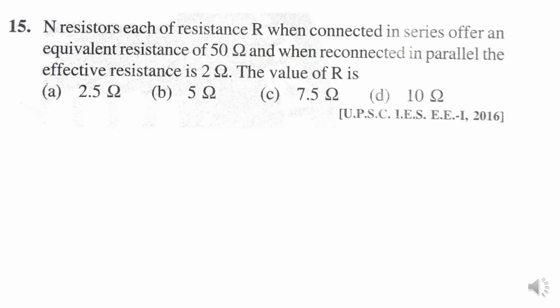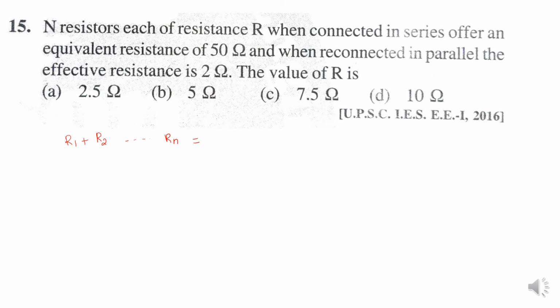Next problem: N resistors, each of resistance R, when connected in series offer an equivalent resistance of 50 ohm, and when reconnected in parallel, the effective resistance is 2 ohm. What is the value of R? When N resistances are connected in series, we consider R1 plus R2 up to Rn.